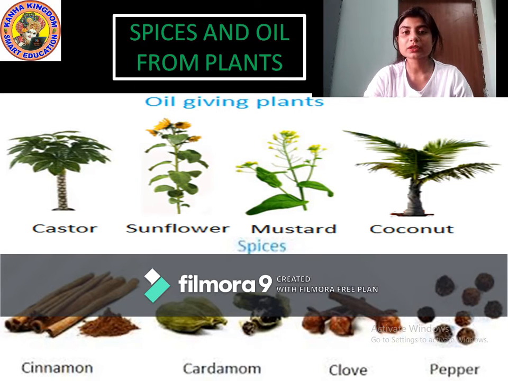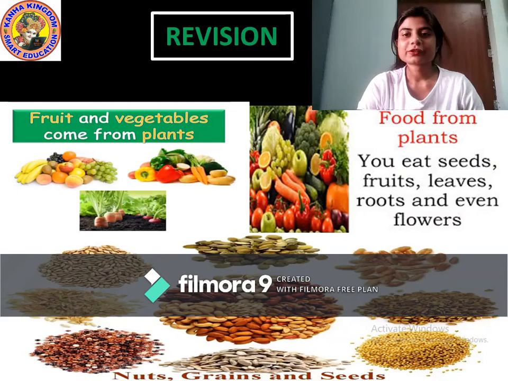These spices and these oils we use as food. Okay, so now students, let us revise what we studied. What are the different parts of the plant? The different parts of the plant are root, stem, flower, fruit, leaf. These are the different parts of the plant that we eat as food.